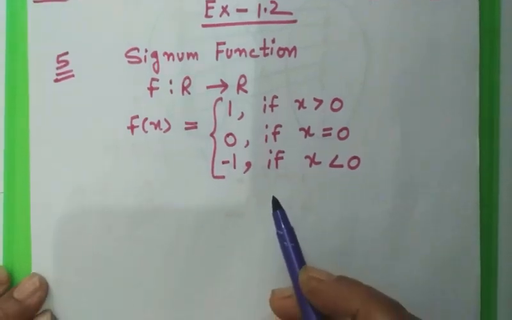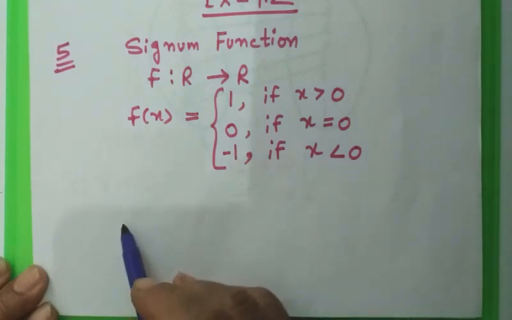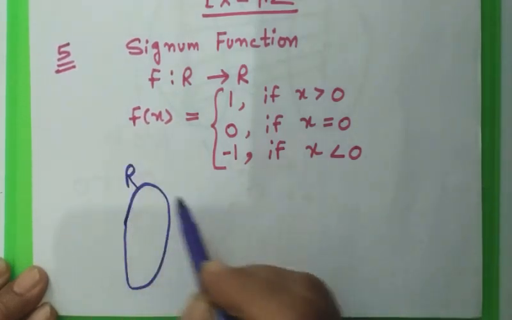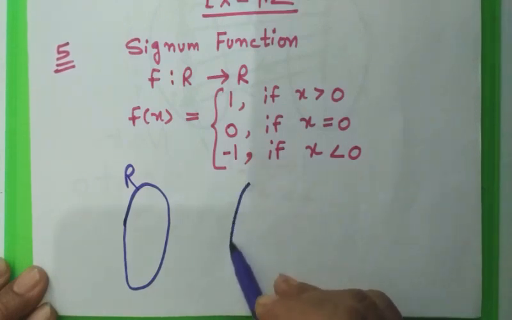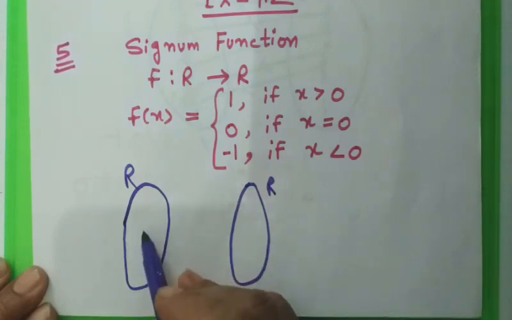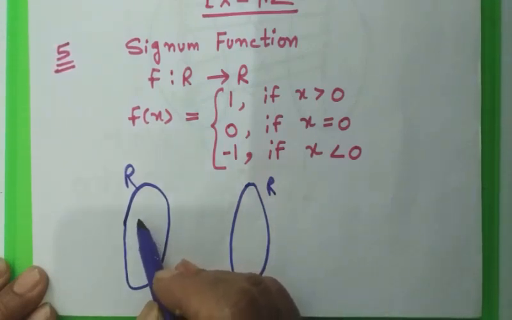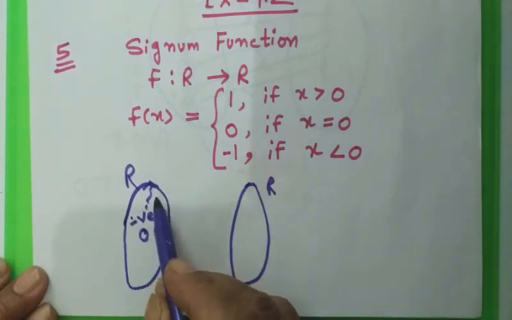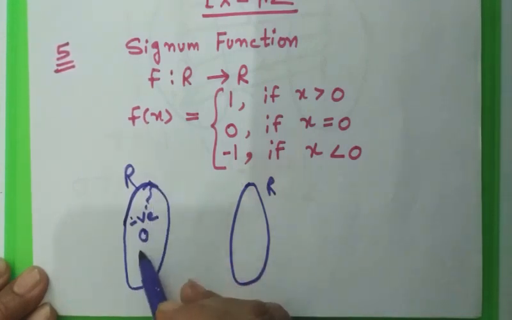So let us try to understand this function in a pictorial manner. Suppose this oval represents the set of real numbers, and both the ovals represent the set of real numbers. In real numbers we have 0, and then we have all negative numbers. Negative numbers include all negative fractions, integers, every number, rational, irrational.